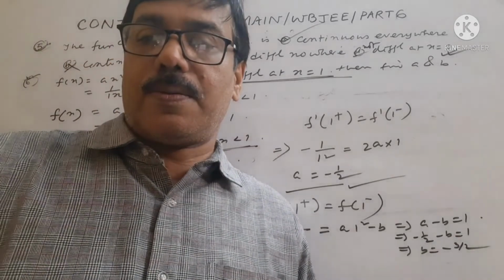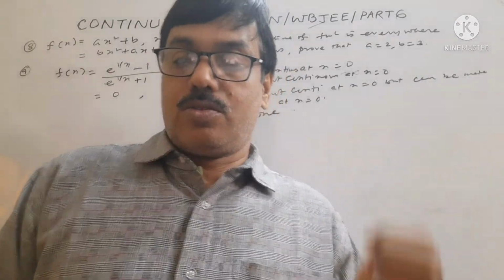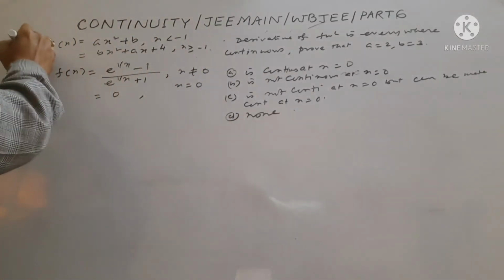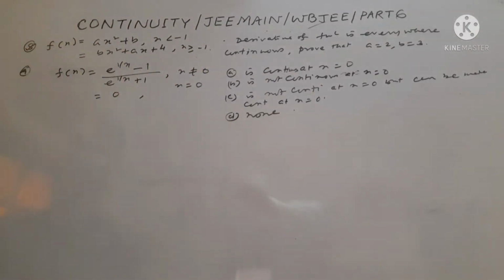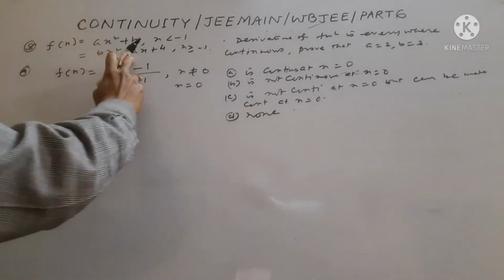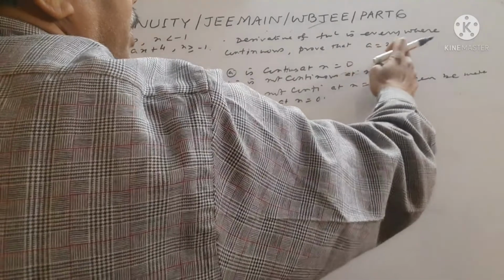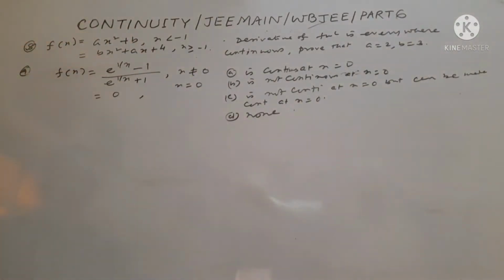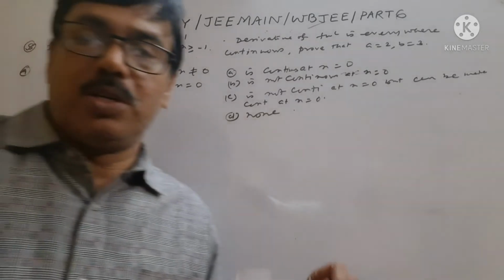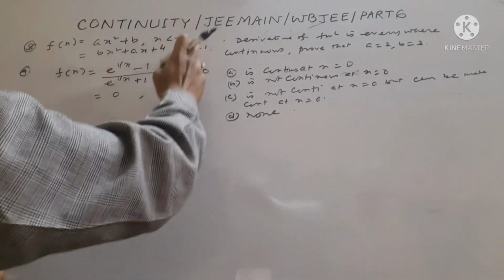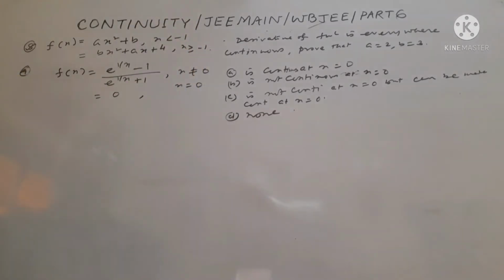Next, now consider two more problems, problem number 8 and 9. f(x) equals this, the derivative of the function is everywhere continuous, prove that a equals 2, b equals 2. So, you find the derivative and use the condition of continuity at x equals minus 1.